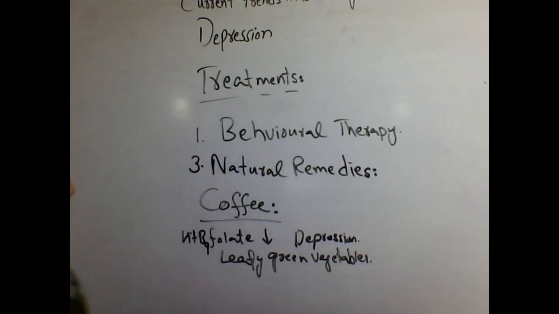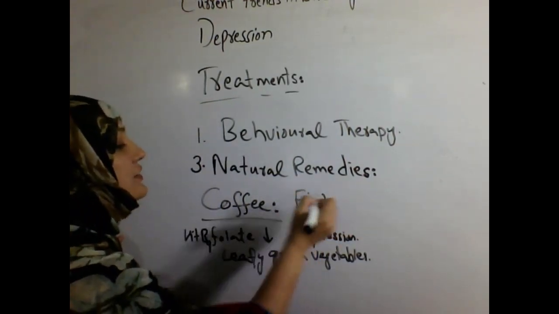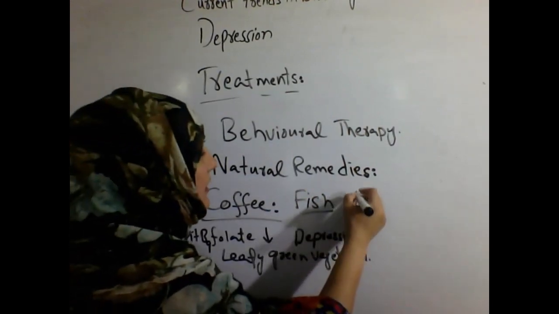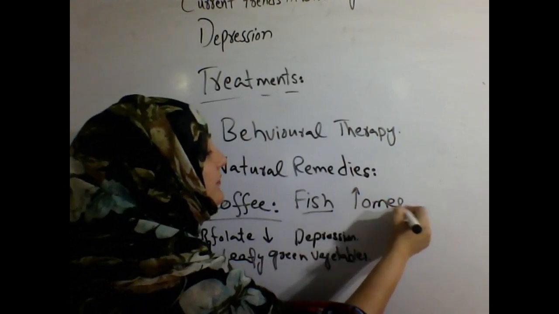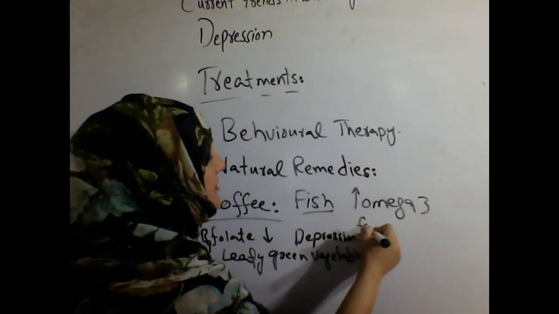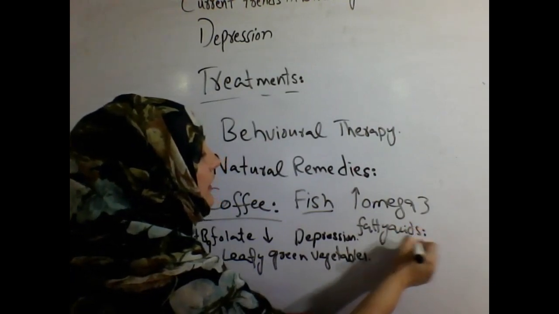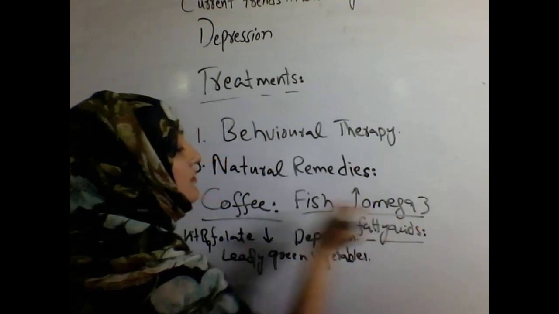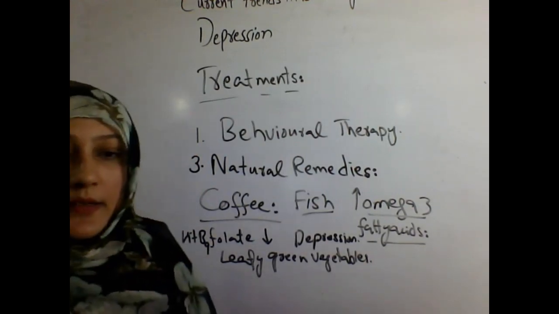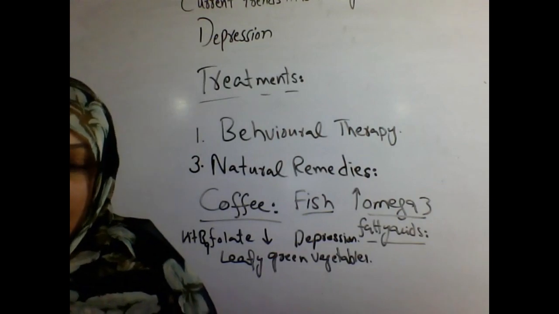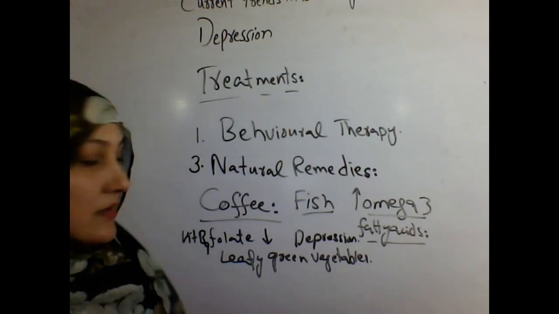Fish. The last natural remedy is fish, which contains a high level of omega 3 fatty acids. Omega 3 fatty acids are also used for sequestering free radicals, and it leads to the end of this depression behavior or depression disorder.